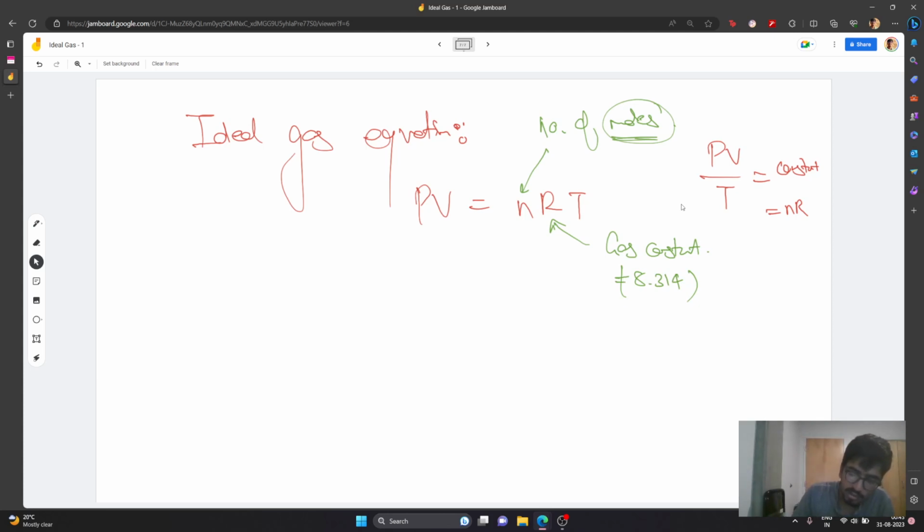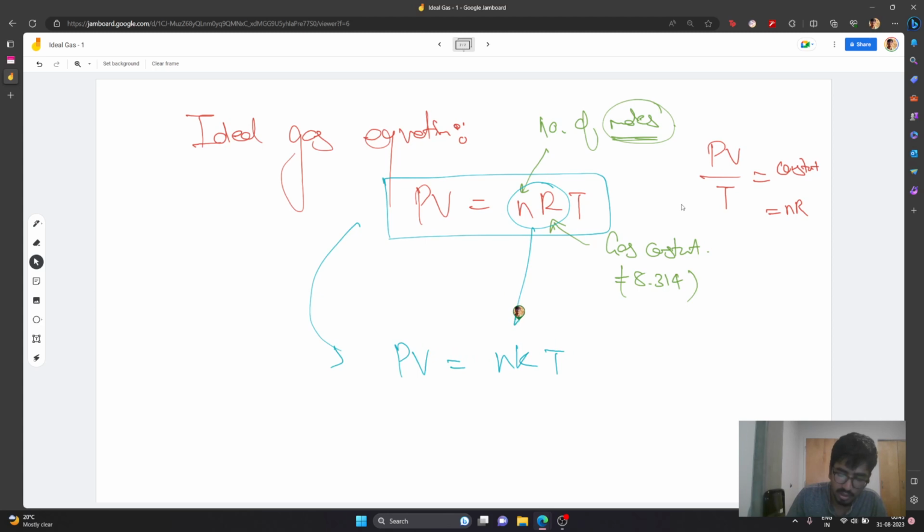Another way of writing the same equation, which you might not know, which we'll see more in the next part of this lecture, is PV equal to NkT. So this nR is something else, NkT, but this N is not little n, this is a capital N. Here this is the number of molecules, and instead of the gas constant, it's what we call the Boltzmann constant.